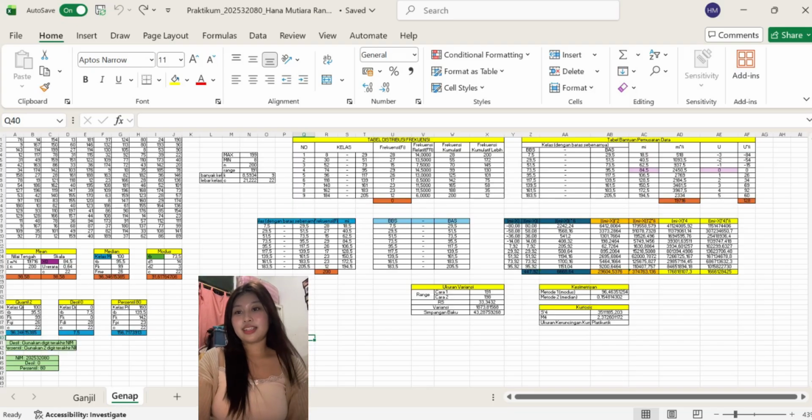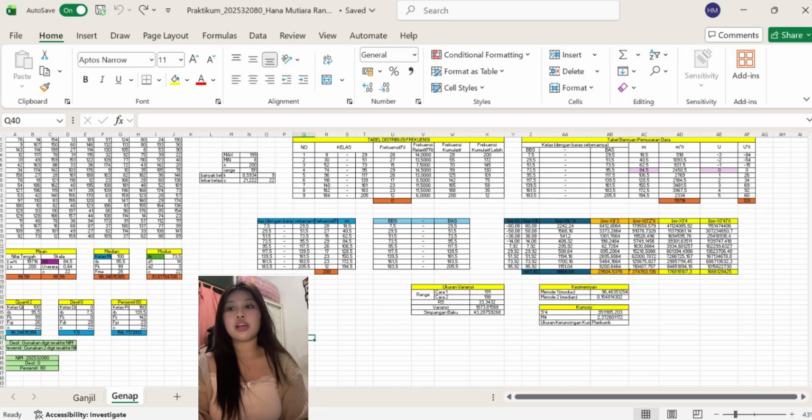Now, let's discuss the shape of our data distribution. We measure skewness using two methods. Method 1, which is based on the modus, shows a value of 96,46. Method 2, which relies on the median, gives us a positive coefficient of 0,15.